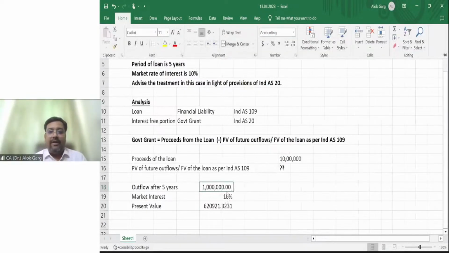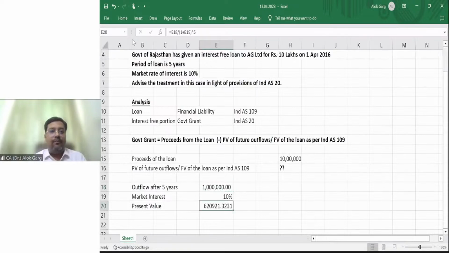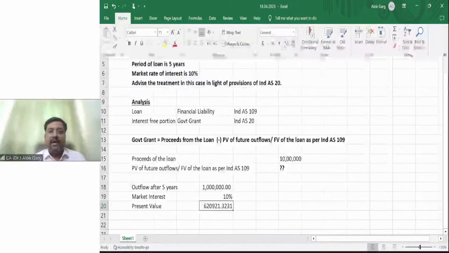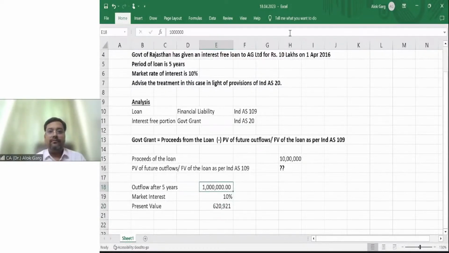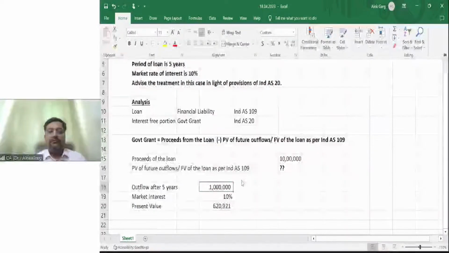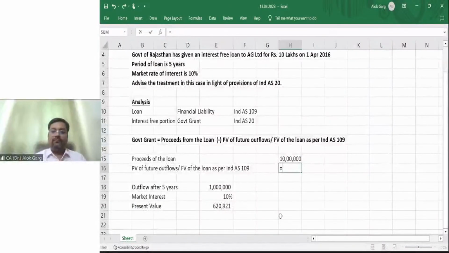Have you been able to calculate this fair value or present value of the loan? I hope you have understood this part. This is my present value of future outflows or fair value of the loan as per Ind AS 109.